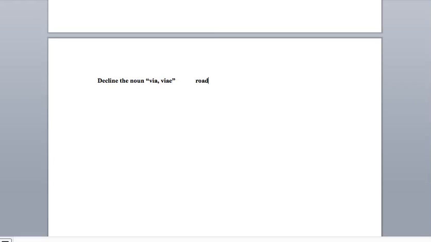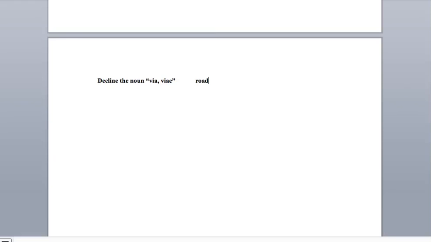Hey, did you notice, by the way, when I pronounced this, that I didn't say V like a V, but I pronounced it like a W? That's because in Latin, the sound for V doesn't exist. And here's something else that's kind of goofy.